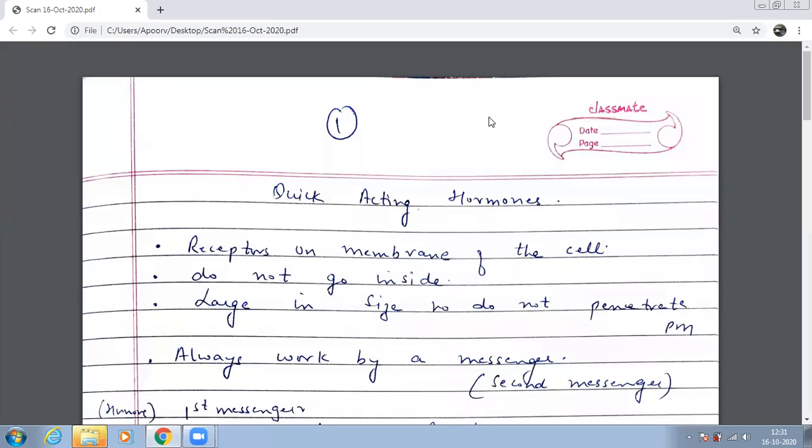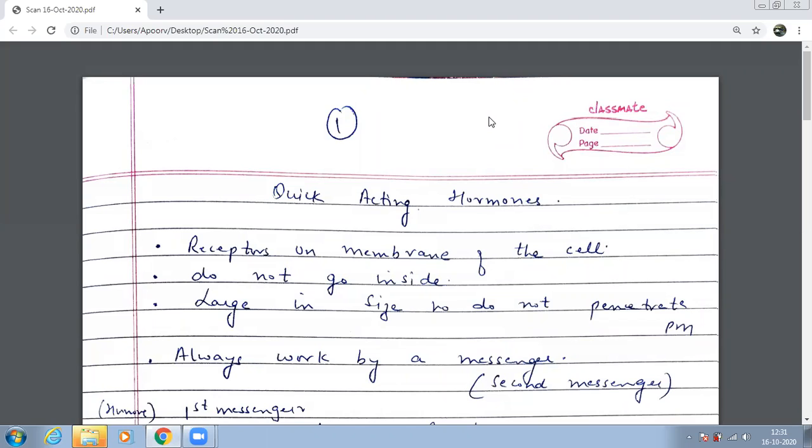Intrinsic receptors. And I also gave you an example of a slow acting hormone: estrogen. We took it as a steroid hormone. So two things you can very easily guess.